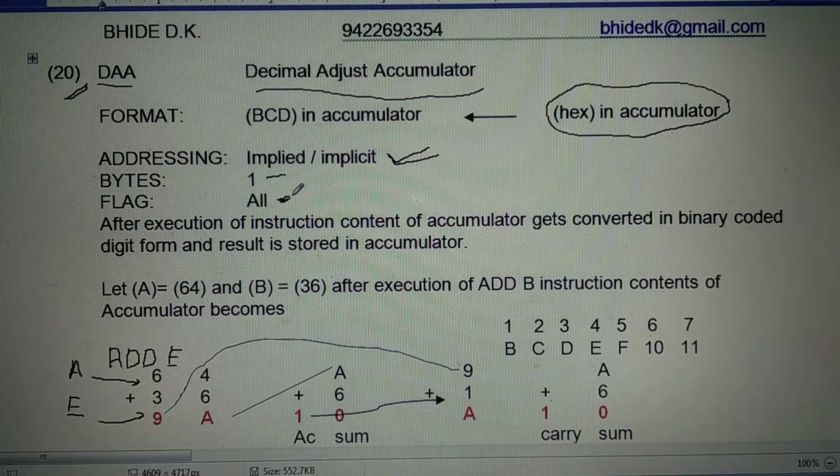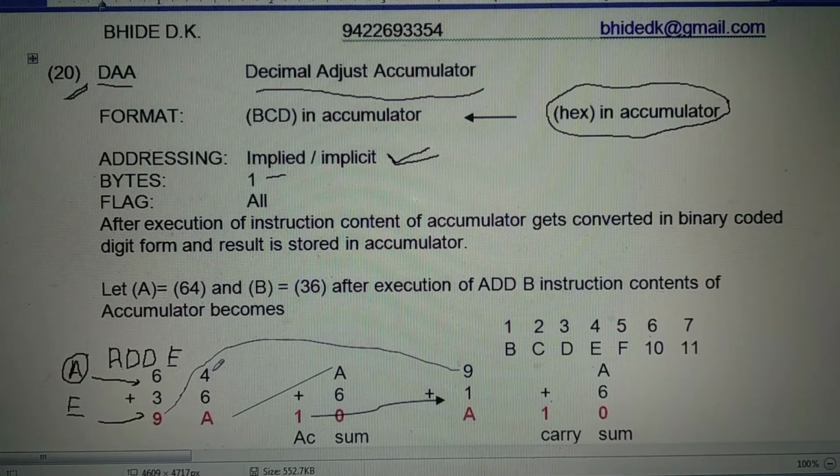How exactly does the number get converted from hexadecimal into BCD form? To understand that, first we have to take one instruction. Suppose the number in the accumulator is 64 and in register E the number is 36.